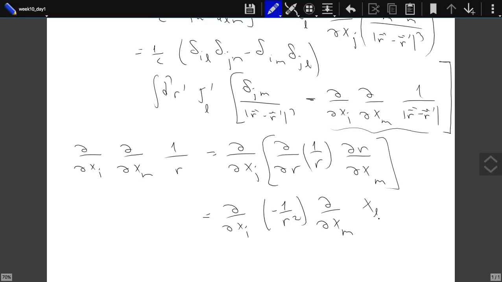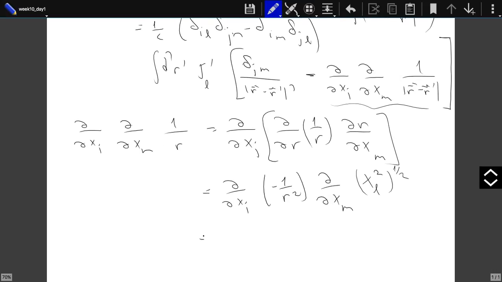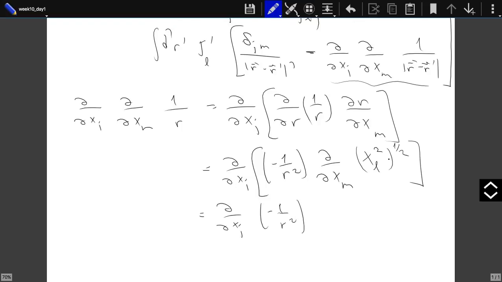Well, r is nothing but the square root of x_l x_l, x_l squared under the square root. So this is equal to ∂/∂x_j of minus 1 over r squared. And remember, this derivative with respect to x_j is the derivative of everything. Here the derivative is 1 over 2 times (x_l squared) to the power minus 1/2.